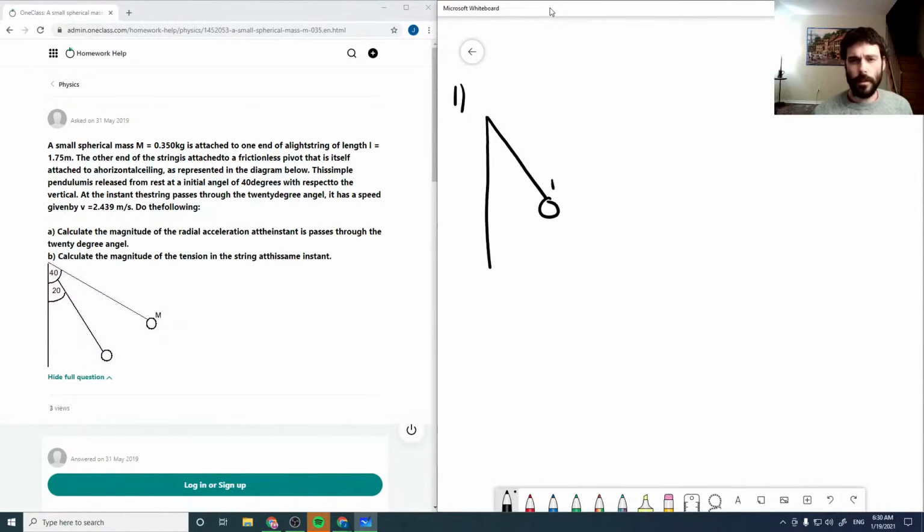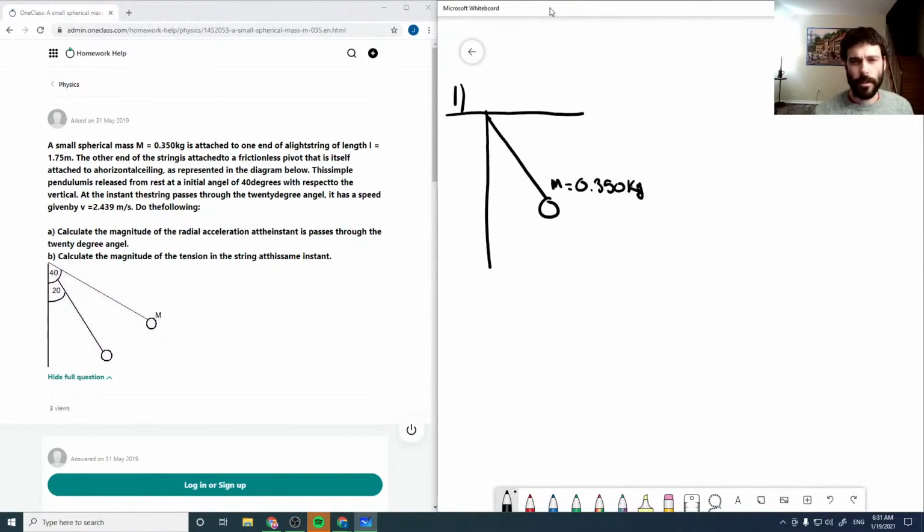So the mass is 0.350 kilograms. And the other end is attached to a frictionless pivot that is itself attached to a ceiling. So that's the attachment point.